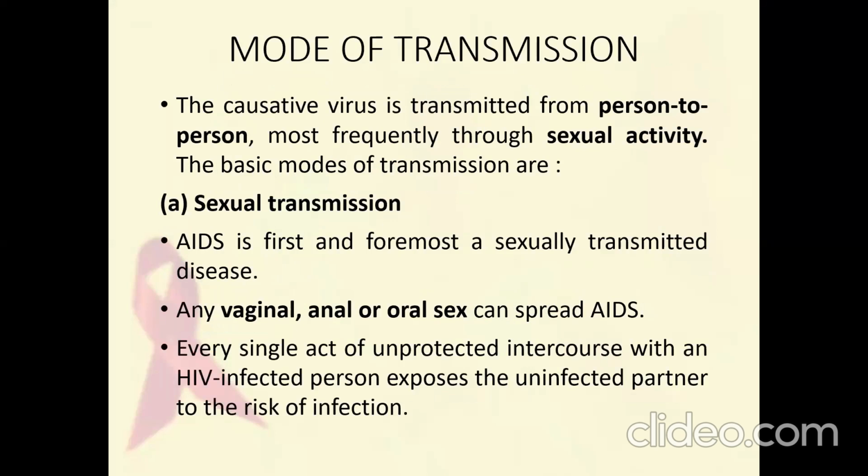The causative virus is transmitted from person to person, most frequently through sexual activity. And the basic modes of transmission are: first is sexual transmission. So AIDS is the first and foremost sexually transmitted disease.